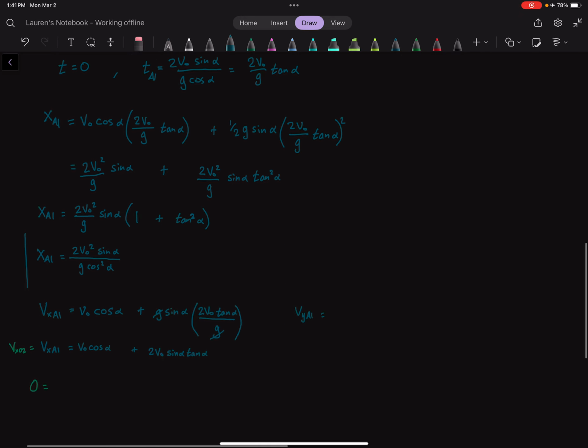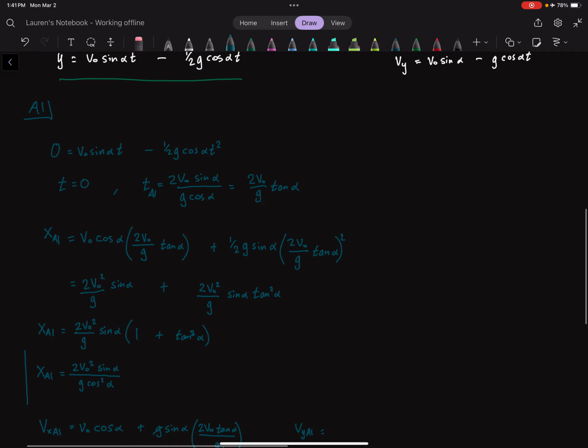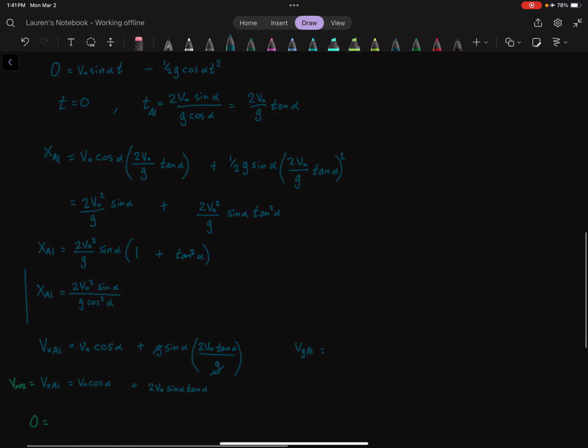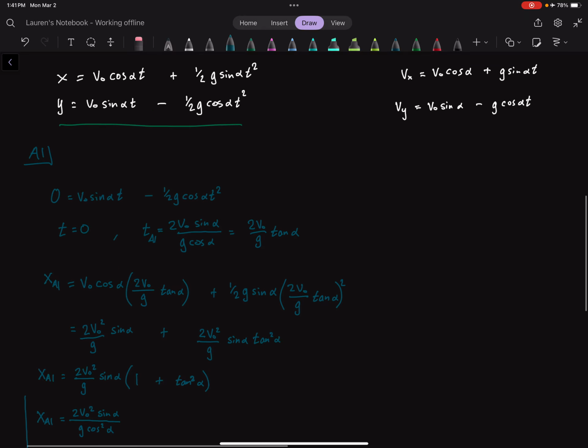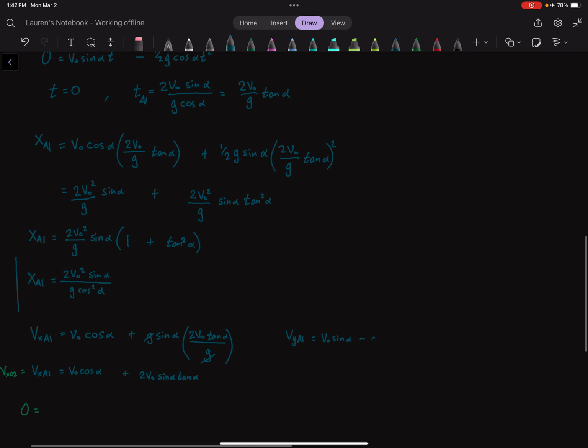So V naught y at time A1 is equal to V naught sine alpha minus G cosine alpha times t.